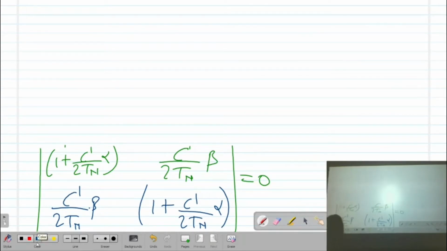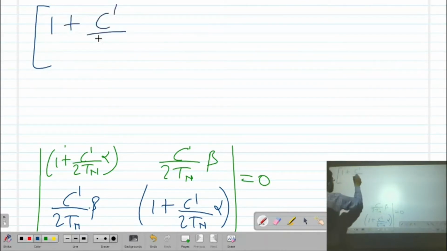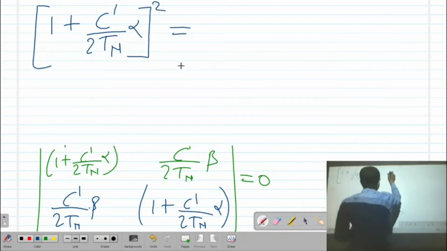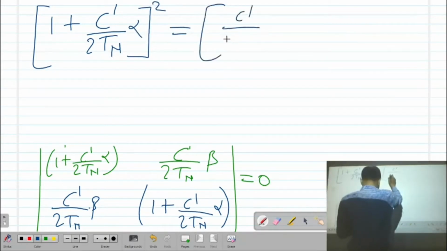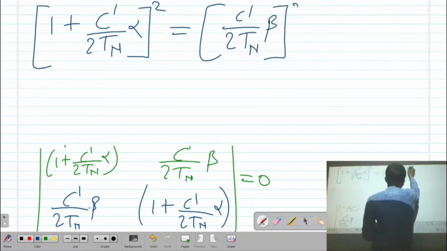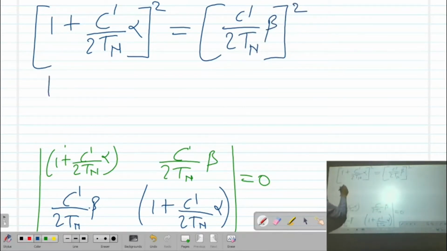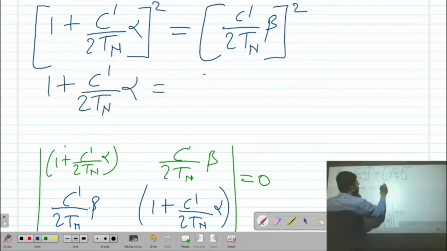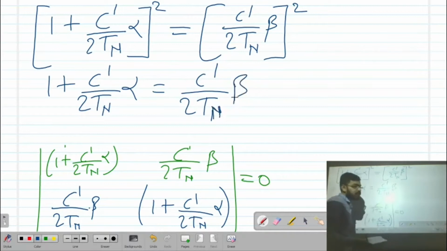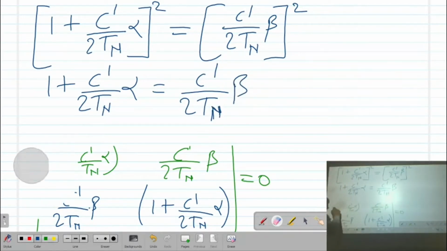We will get 1 plus C dash by 2 T of n alpha whole square is equals to C dash by 2 T of n beta whole square. Now the square will cancel, so we will have 1 plus C dash by 2 T of n alpha is equals to C dash by 2 T of n beta. The squares are going to cancel out each other, right?